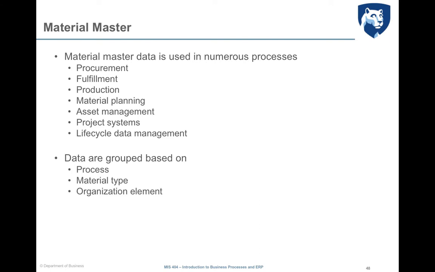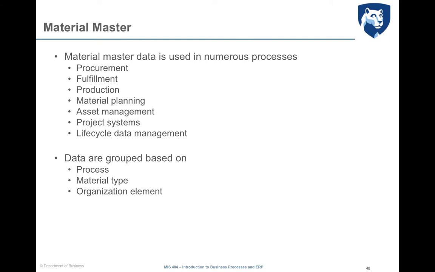Materials are procured from vendors, are manufactured by the production system, are sold to customers, are planned by the planning department, and more. They are also used for maintenance services, for project management, and so on. So we can see that the material master data is one of the most complex and extensive databases used and carried in an ERP system.